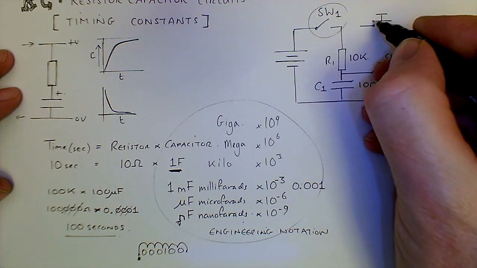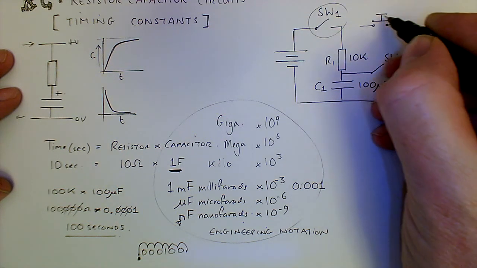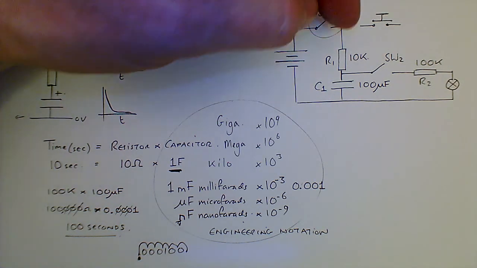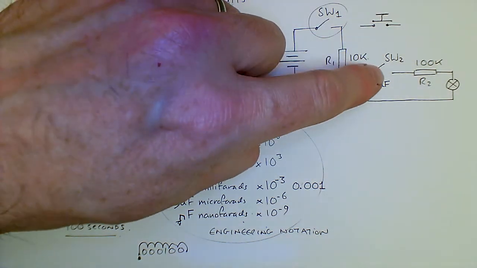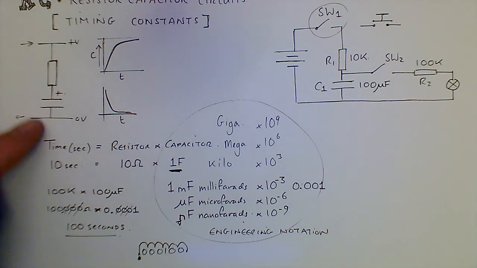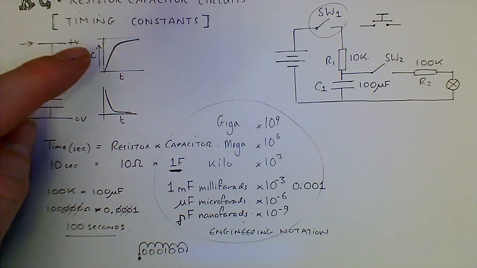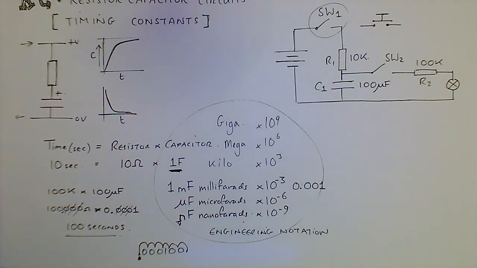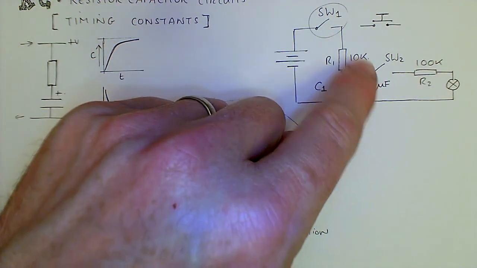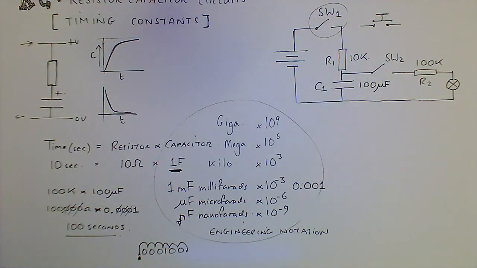Switches are something we will need to revise as part of the course at a later date. So when you close this switch, what would happen? Give yourself a couple of minutes and see if you can do some calculations. Think about things that you know: Ohm's law, capacitors, timing constants, resistors, and see if you can figure out what would happen to the lamp after you've closed switch 1 for a bit, opened it, closed switch 2, and then opened it again.